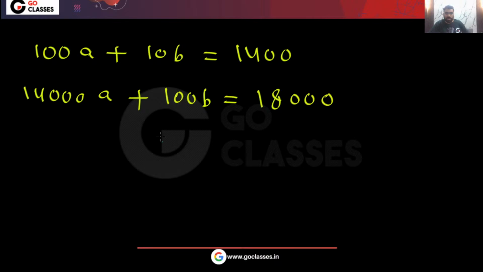Okay, so you can just cancel some values. Like here you can cancel. Here also you can basically cancel these. Okay, so finally what you can do, you can easily find the value of a.